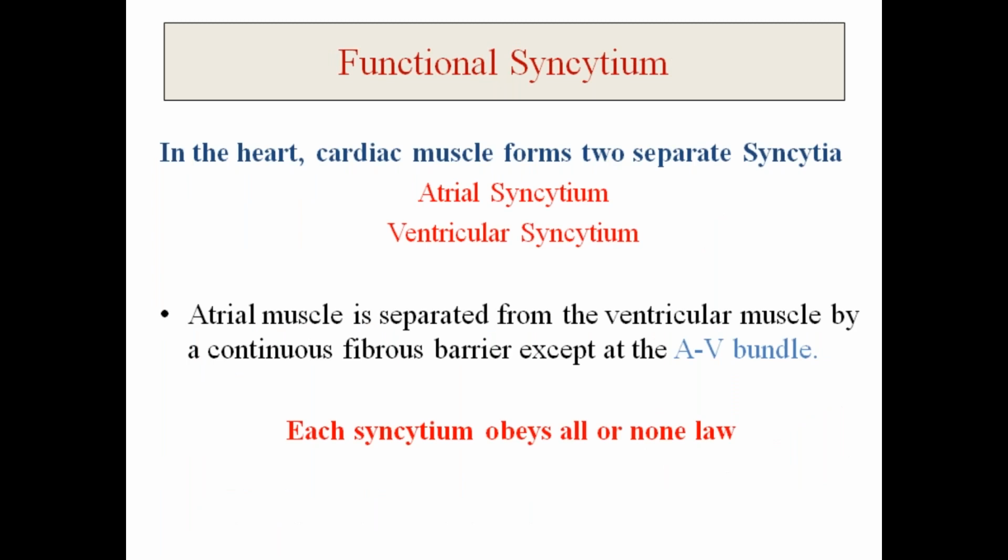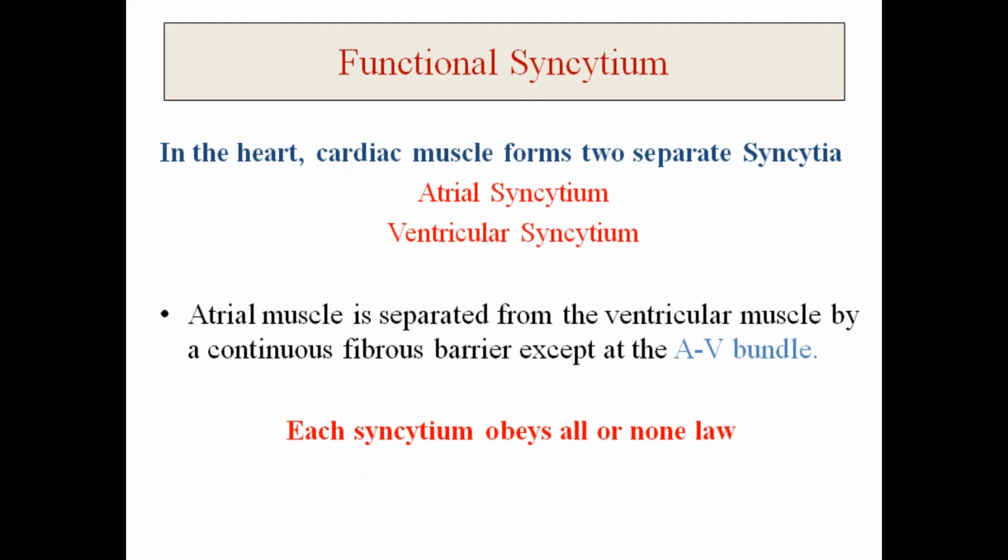Now, at the atria, the right and left atria, the musculature making up the atria is all connected to each other through branching, intercalated discs and gap junctions. So if at any one point some depolarization is produced, it will run throughout the atria, passing from one cell to another.